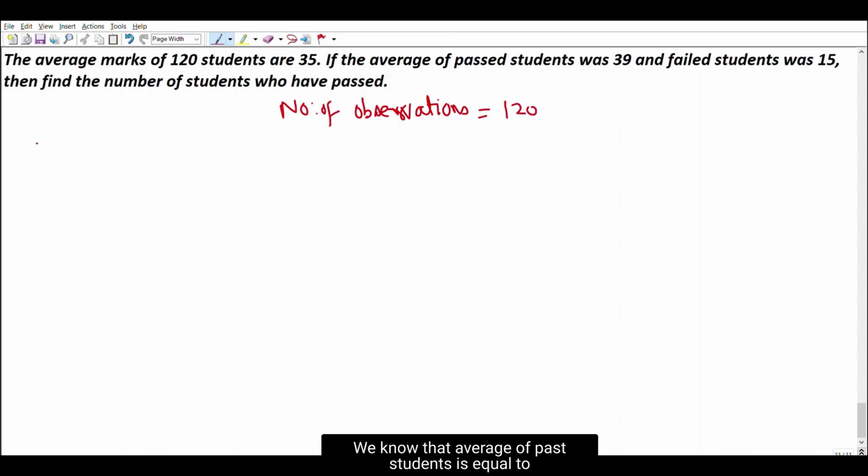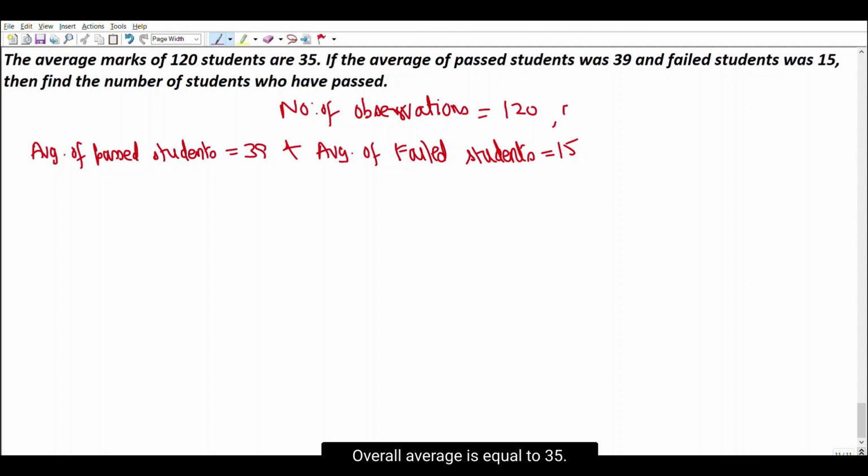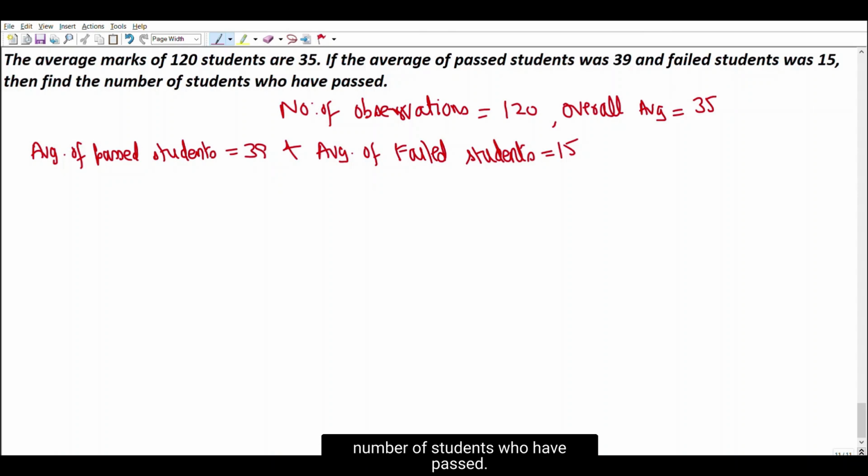We know that average of passed students is equal to 39 and average of failed students is equal to 15. Overall average is equal to 35. We need to find out the number of students who have passed.